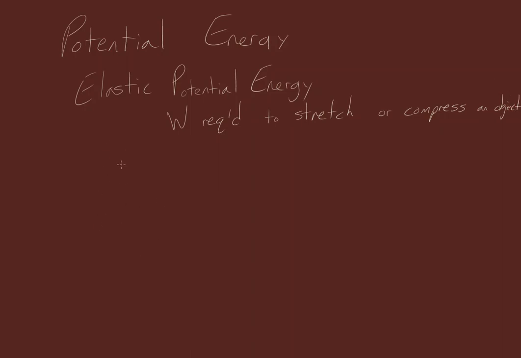And I want to discuss Hooke's law before we move on. Hooke's law states that a restoring force on a spring, so the force that's going to bring it back to its rest length, is proportional to the stiffness of the spring.